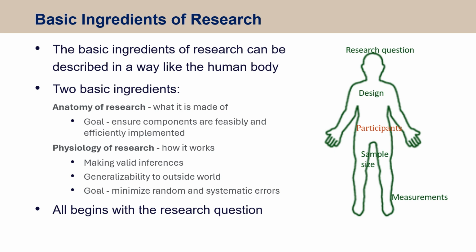Each of these are big topics in themselves, but for now let's view it like a human body that has a head composed of the research question with a chest, which has a design. Somewhere down you see the participants, sample size and measurements, which I will come to also in the later part of this presentation.